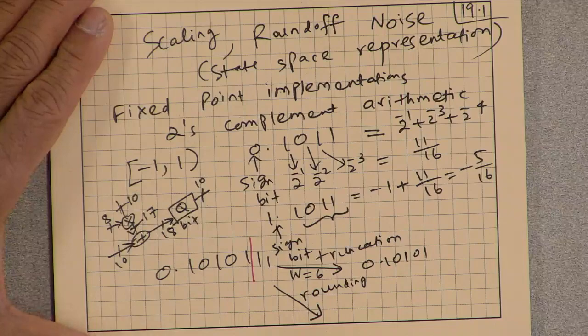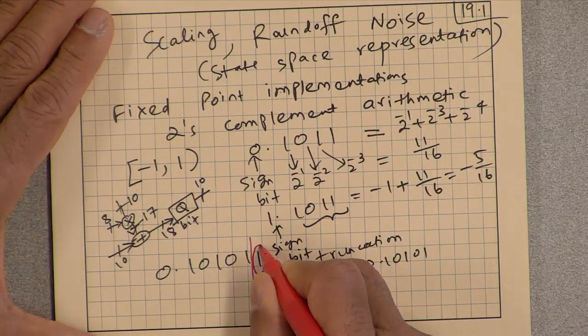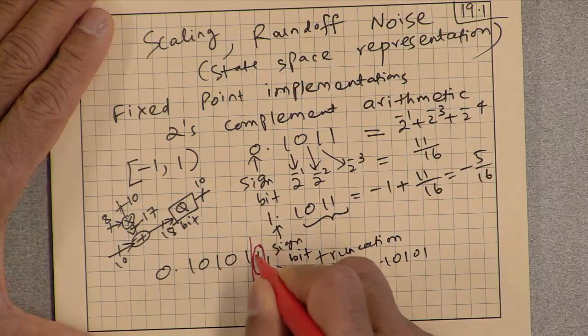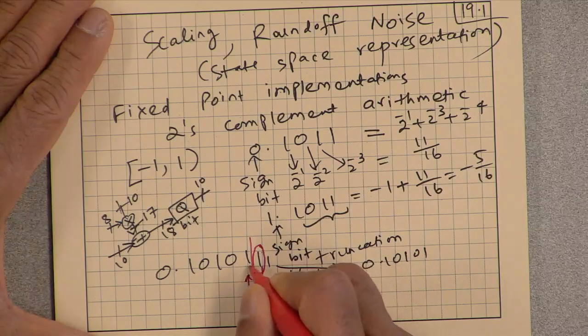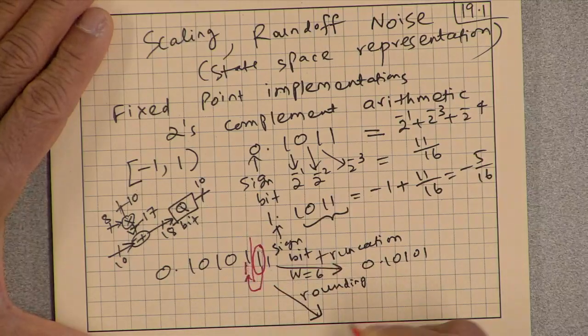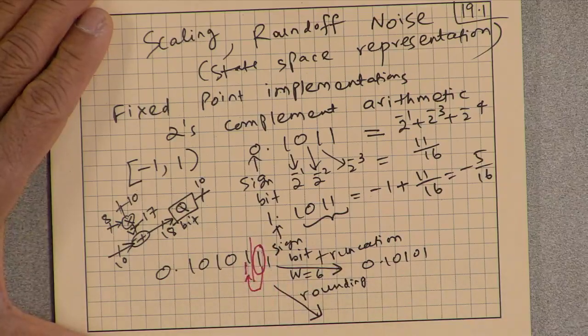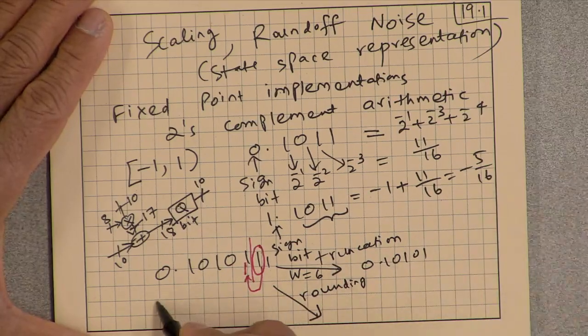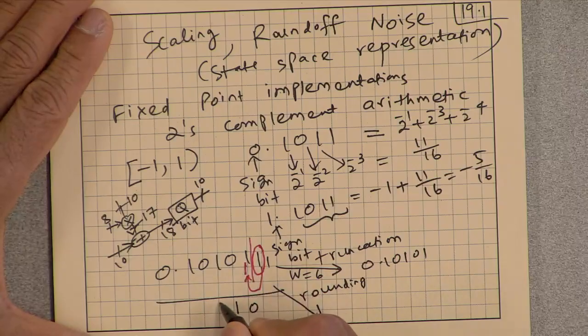So the thing to do for rounding is you look at the bit after the 6th bit, the 7th bit. And if that is a 1, then add a 1 to the LSB. And if that's a 0, well then do nothing. You can add a 0, but adding a 0 doesn't do anything. And so if I do add that 1, I get 1 plus 1, 0, carry 1, 1 plus 0, 1.